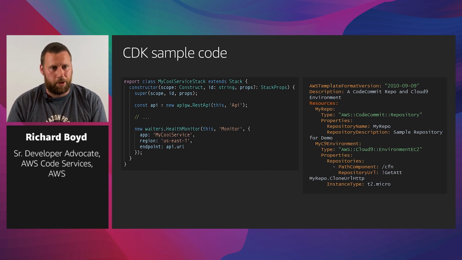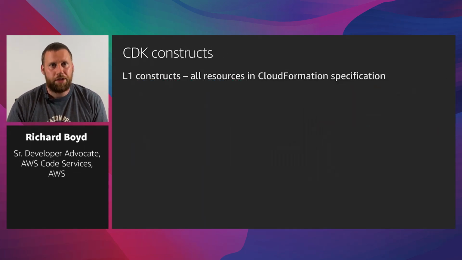Here it just happens to be TypeScript, and you run CDK synth or CDK deploy, and it will generate and output actual proper CloudFormation for you. So you don't have to use something like cfn-lint or some CloudFormation-specific tool to check to make sure that your CloudFormation code is accurate.